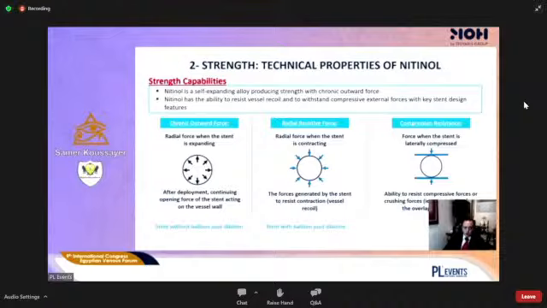Usually nitinol has this characteristic, which is the reason why nitinol is more common than steel in the venous system. It has the ability to resist vessel recoil and withstand compression and external forces, which is the main key design in the nitinol stent in the venous system.